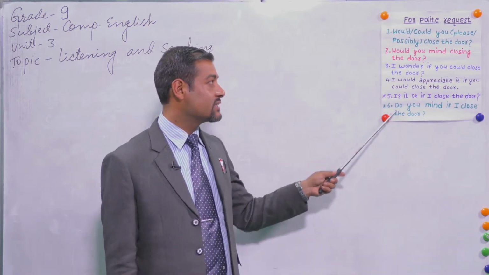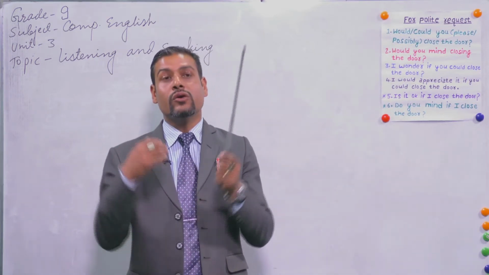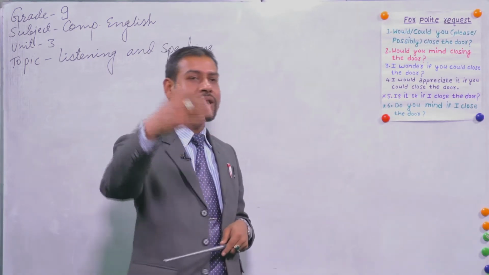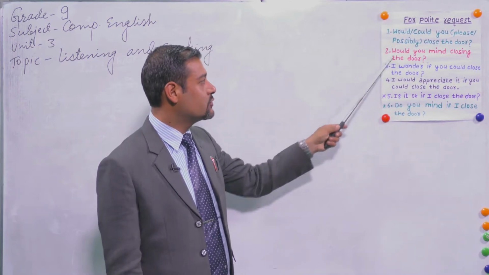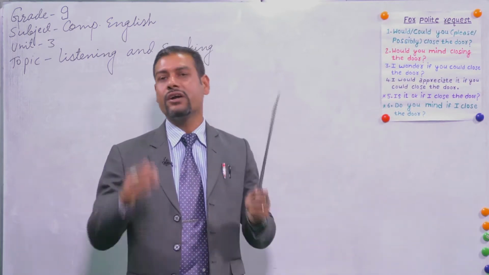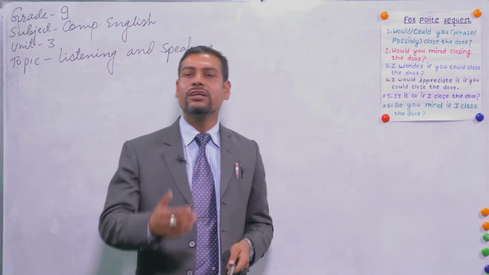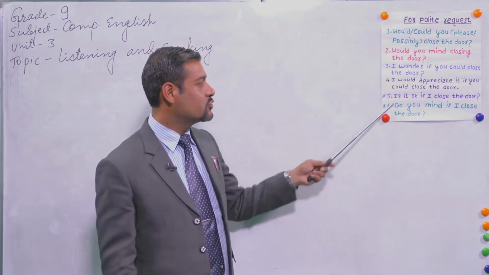Generally 1, 2, 3, 4 are used when we want someone to do something for us. And for number 5 and 6, generally we use them if we want to get permission. We use these two structures.